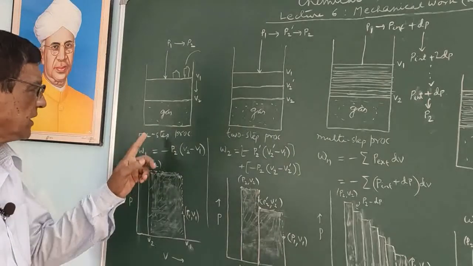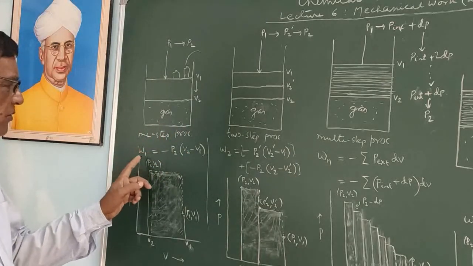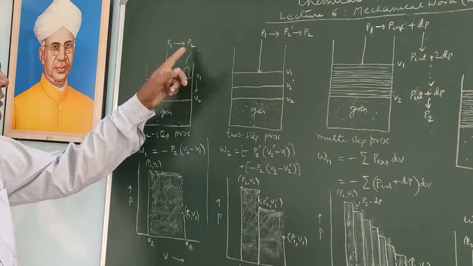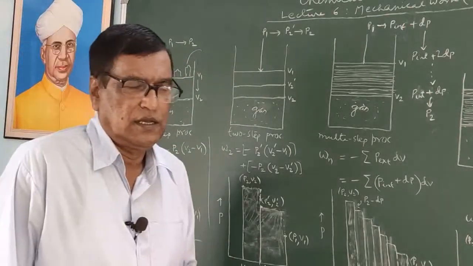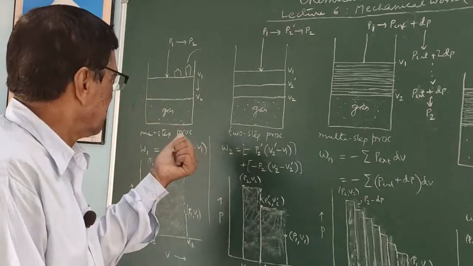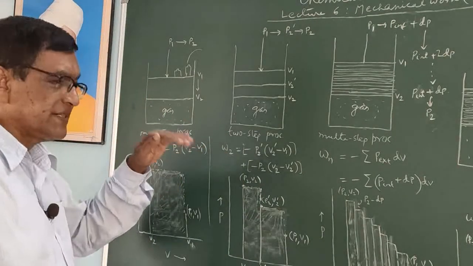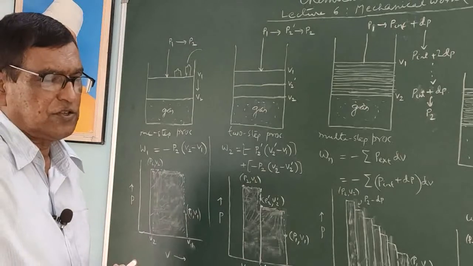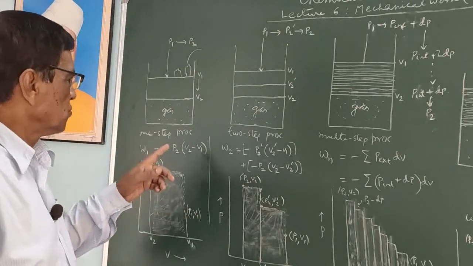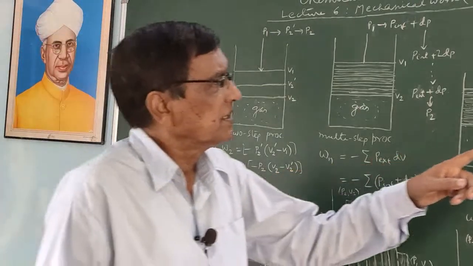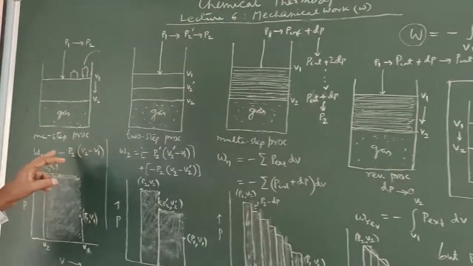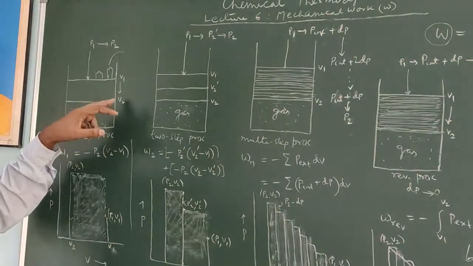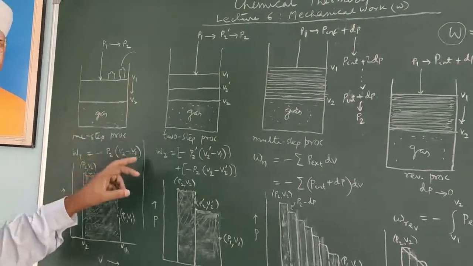Now in this one-step process, W1 equals minus P2, the external pressure, times the volume change. This volume change occurs against the constant external pressure, so the external pressure is constant at P2, and the volume change is final volume minus initial volume.